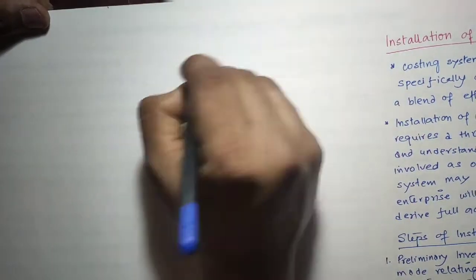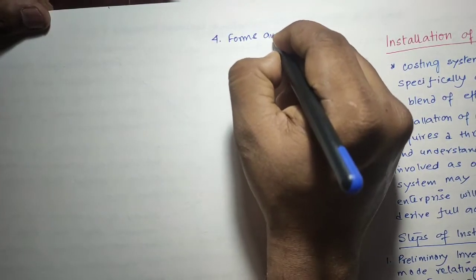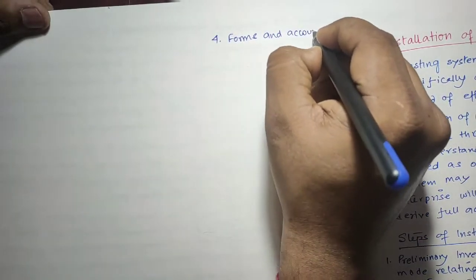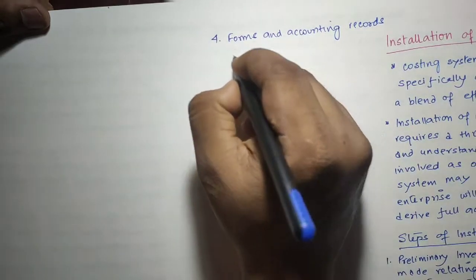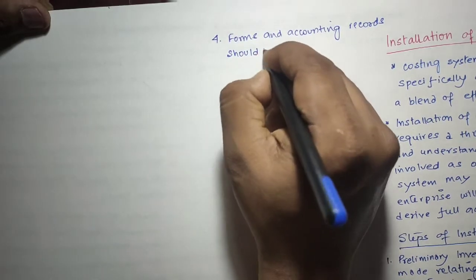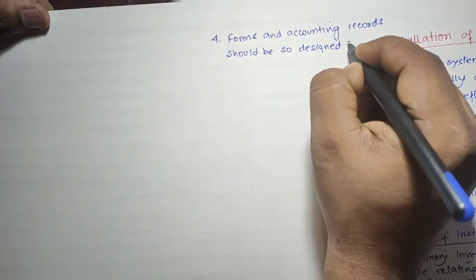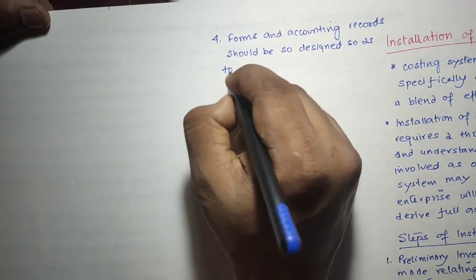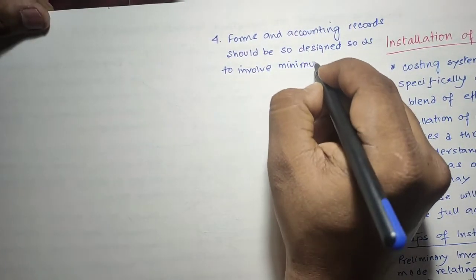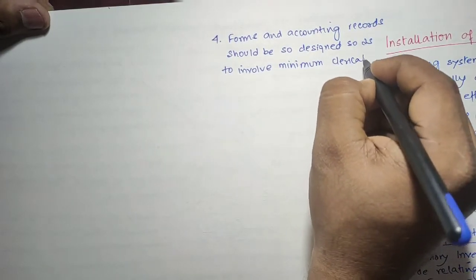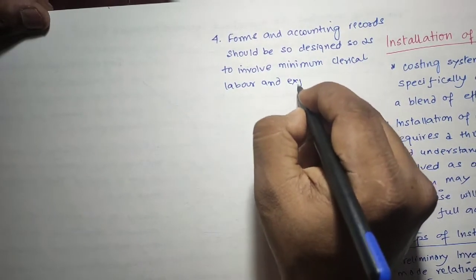Next point, 4. Forms and accounting records should be so designed so as to involve minimum clerical labor and expenditure.